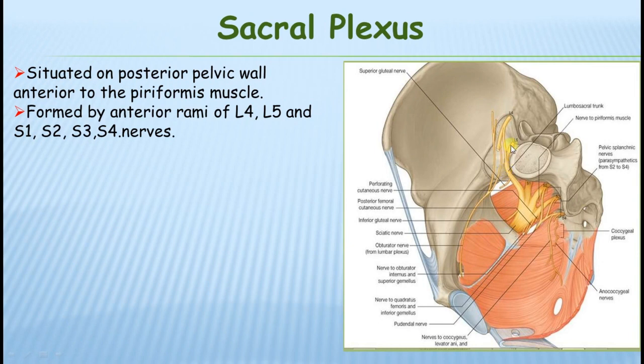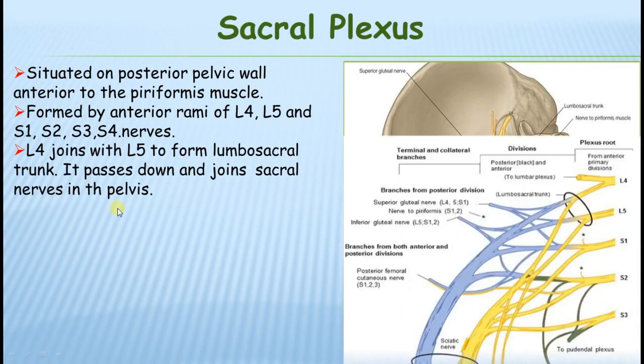The lumbosacral trunk is mainly formed by L5 and the descending branch of L4. The ascending branch of L4 joins the lumbar plexus, so L4 is called the nervus furcalis. The descending branch of L4 along with L5 forms the lumbosacral trunk. The lumbosacral trunk along with S1, S2, S3, S4 forms the sacral plexus, and they are all ventral primary rami. Okay, so they are all ventral divisions because the dorsal divisions do not form plexuses. So that is how the lumbosacral trunk forms.